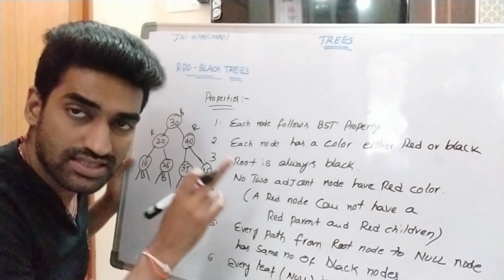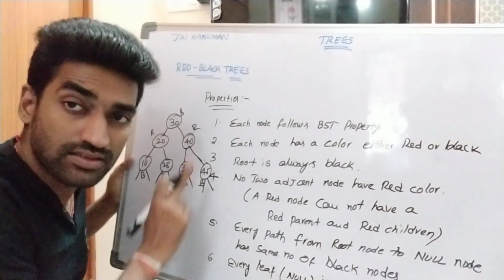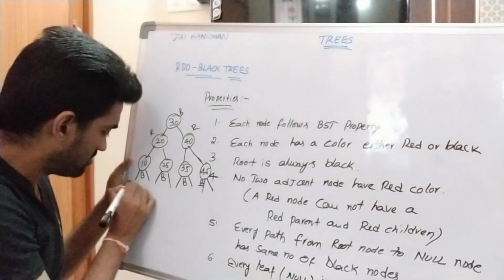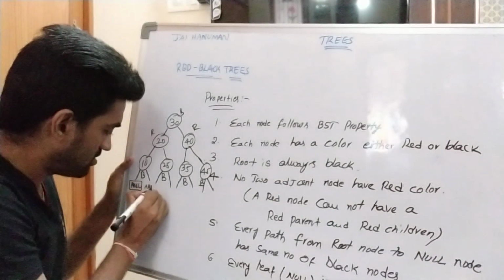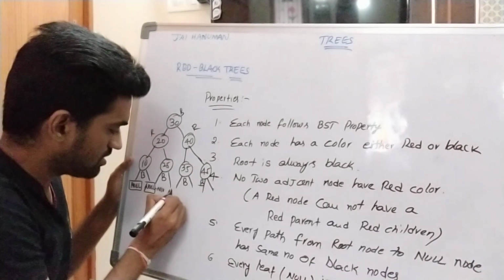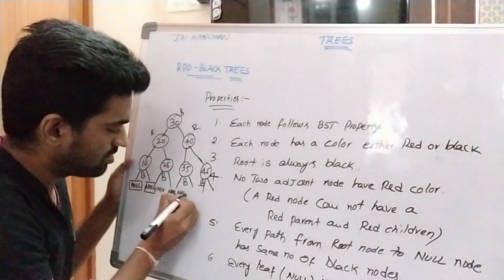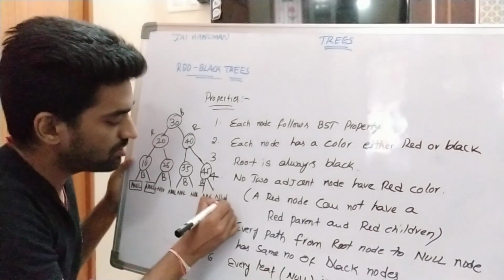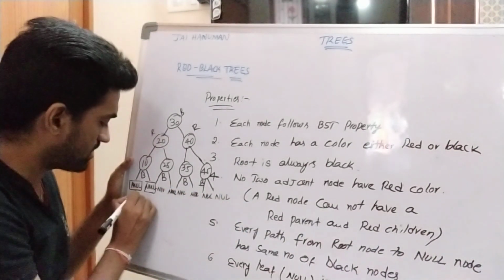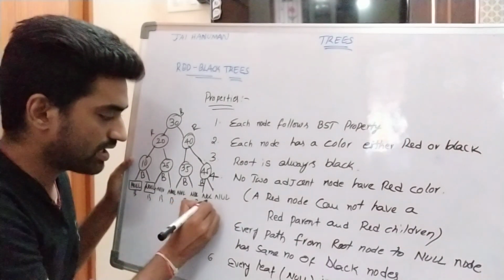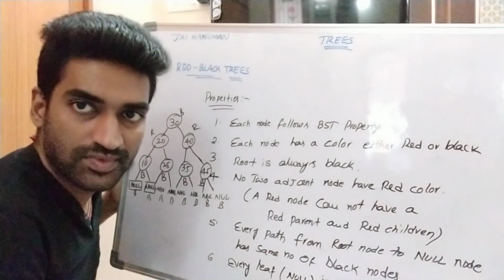So in red black trees, every leaf node must be labeled with black color only, right? So here, this is null, null, null, null, null, null, null. So these must be labeled with black. So this is black, this is black, this is black, this is black, this is black, this is black, this is black, this is also black, right?